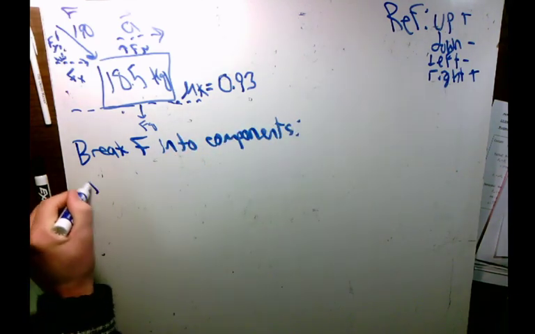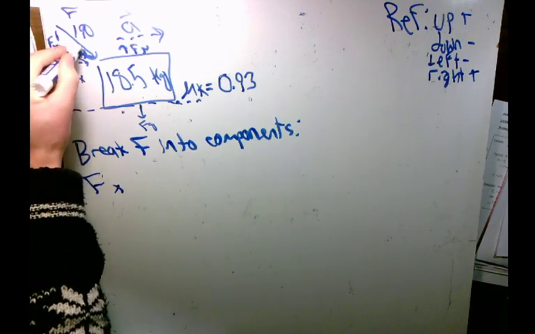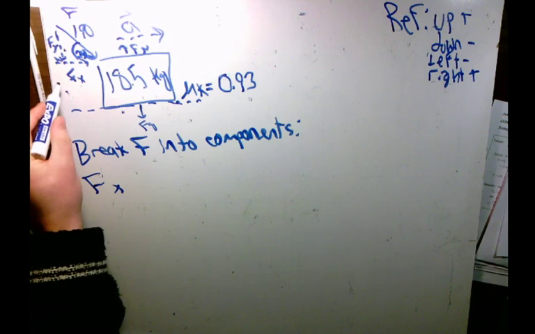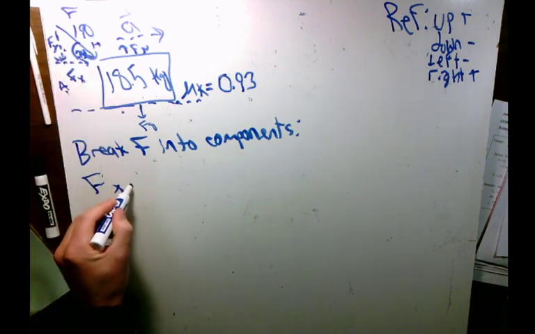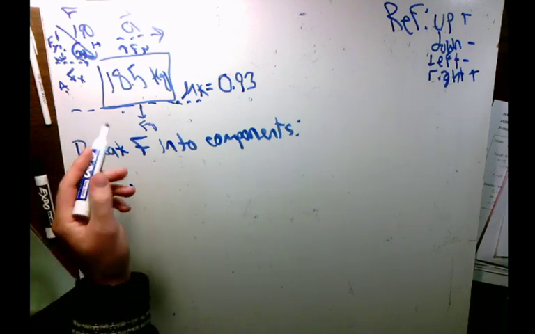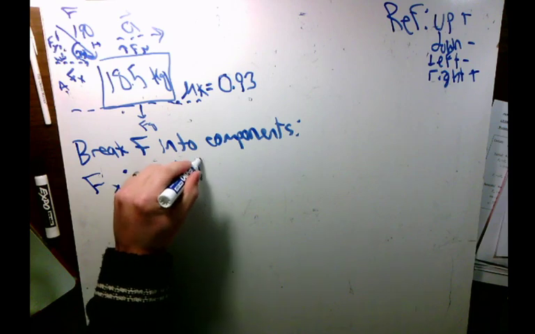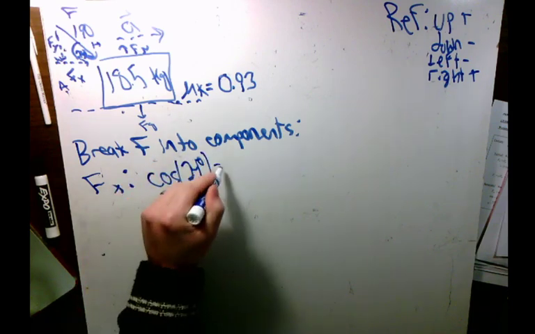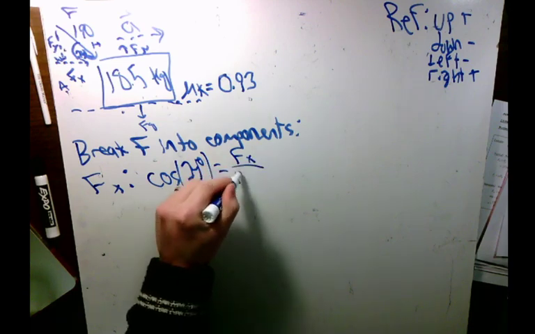So Fx, we know we have 24 degrees. Fx is our adjacent side. Hypotenuse is 190. So to find Fx, we're going to use adjacent over hypotenuse, which is our cosine of our 24 degrees, which is equal to Fx over 190.